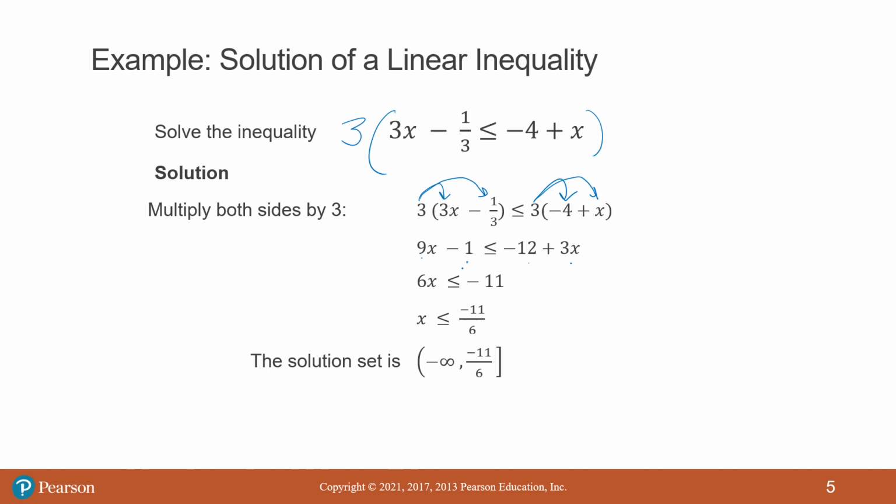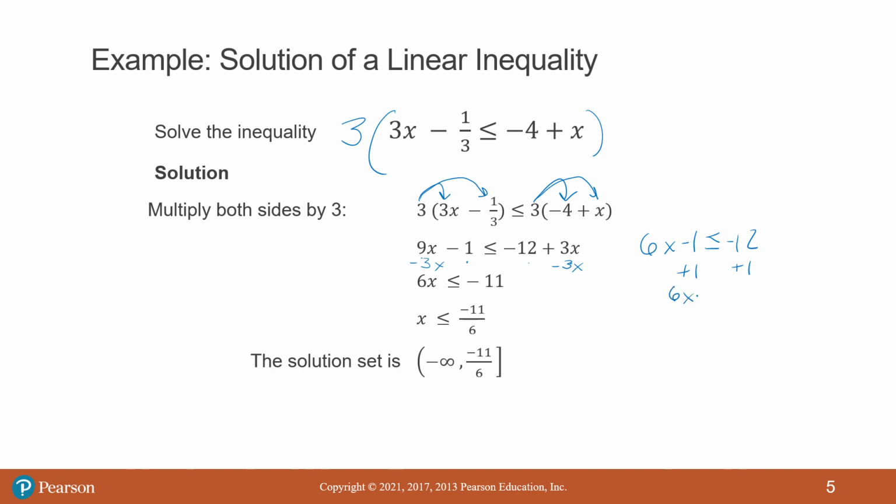So now we just have to look at combining like terms. The first thing we do here is subtract the 3x over to the left-hand side. This is going to give us 6x minus 1 is less than or equal to -12. Then I'm going to add the 1 over to the other side to get the 6x by itself.